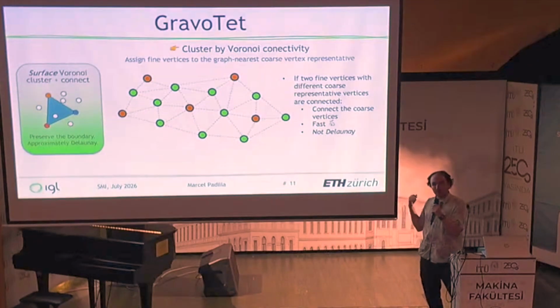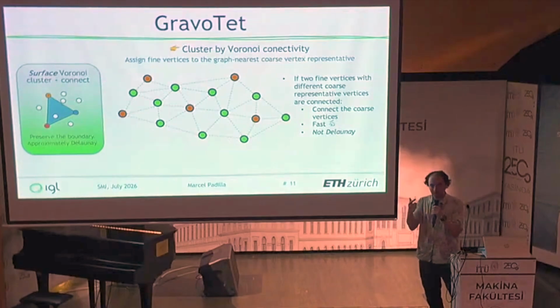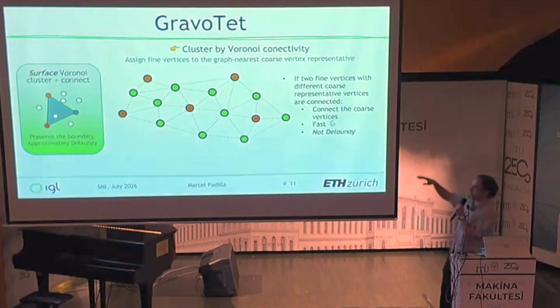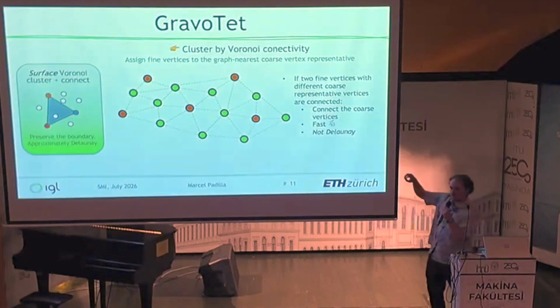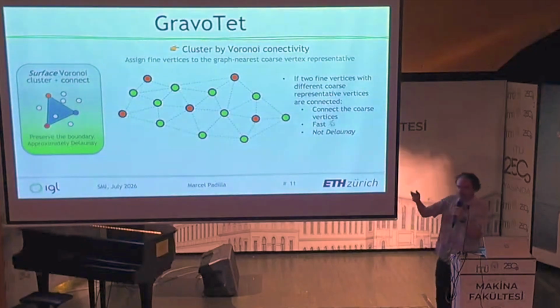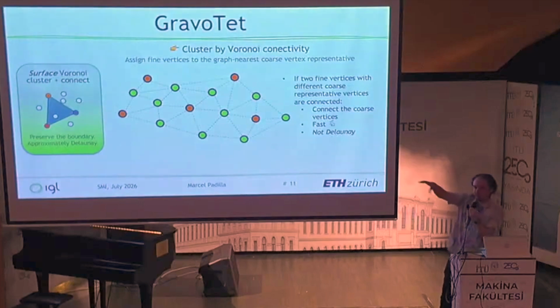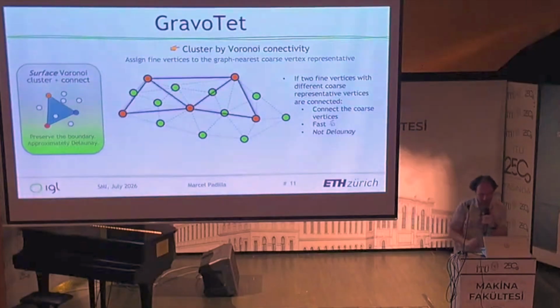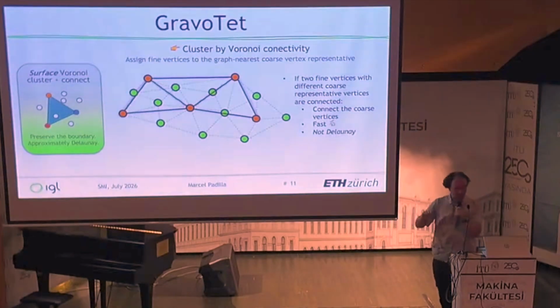Every green vertex has a closest coarse orange vertex, and if 2 green vertices that belong to different coarse vertices are connected, we connect the coarse vertices. It's something you can do fast with Dijkstra's algorithm, starting from multiple locations at once. You can quickly scan which vertices belong to which coarse vertex, and then connect them with each other, and then you get something like this.